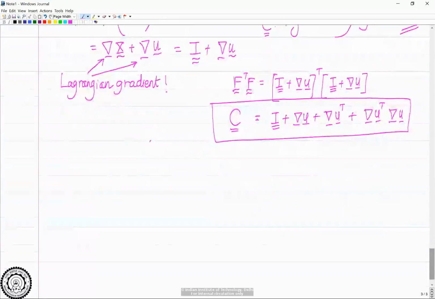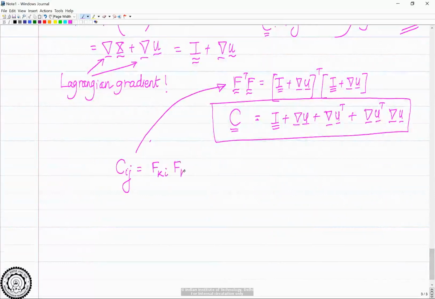If I want to know what is Cij, the component Cij, what will this be equal to? So Cij, if I do it through F transpose F, can I say that this is the same as Fki into Fkj?